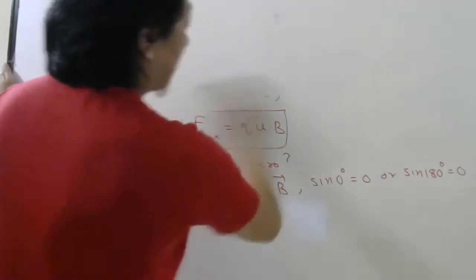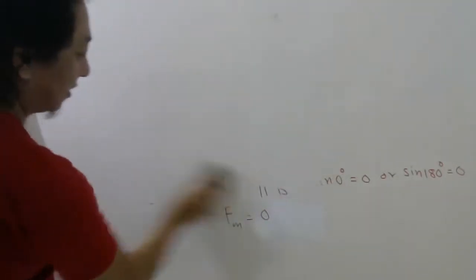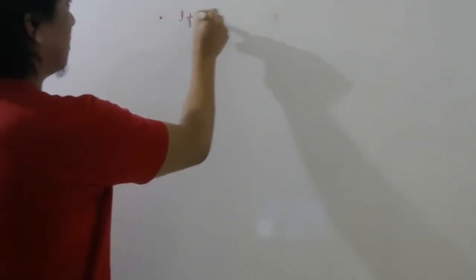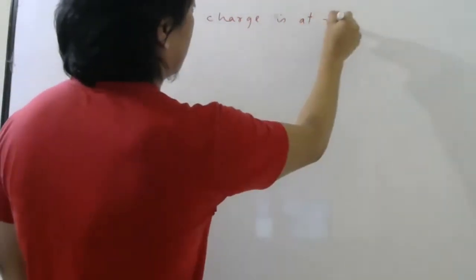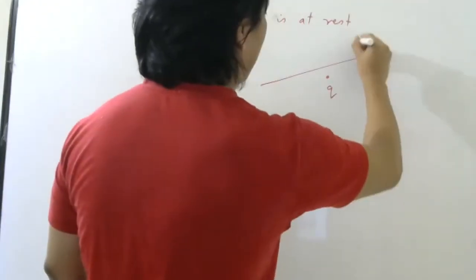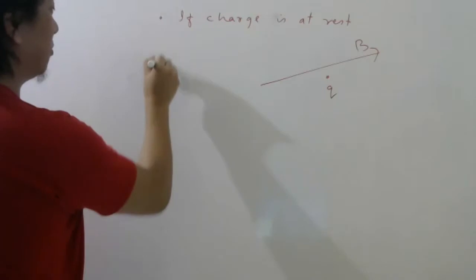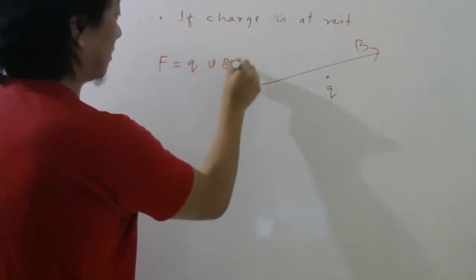And obviously, if the charge is at rest, then also the magnetic force will be zero. If the charge is sitting here quietly, and suddenly you apply a magnetic field, nothing happens because the force is Q VB sine theta.